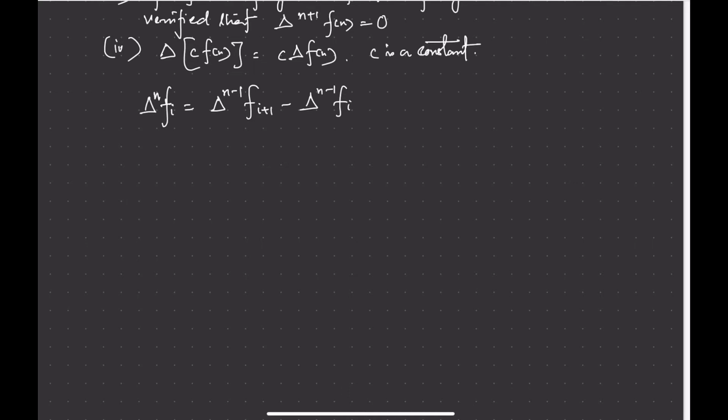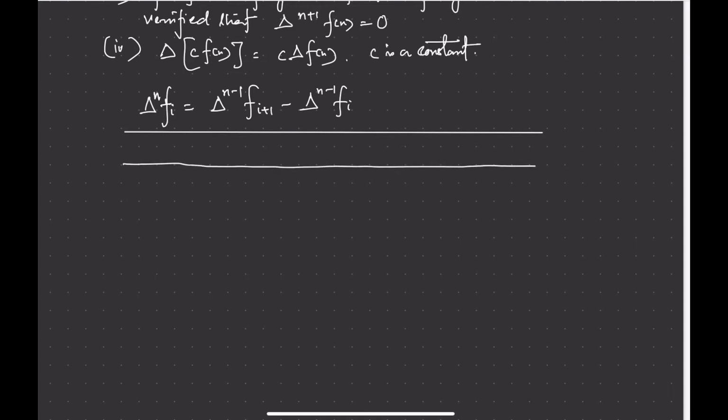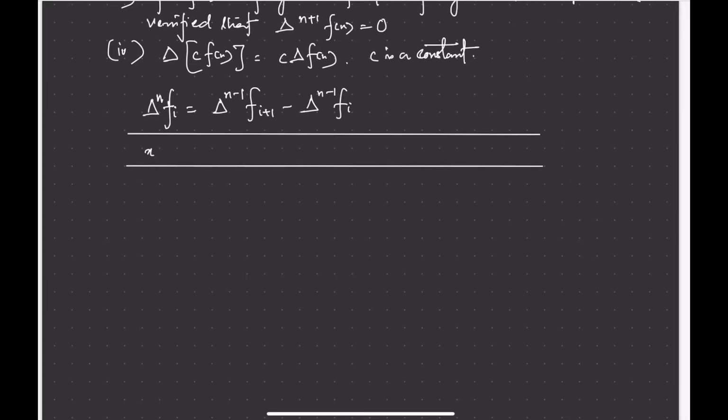So now I'm going to draw this: this is the x value, this is the f of x value, this is the forward difference of f, this is the second difference, and then the higher orders, the third and the fourth.